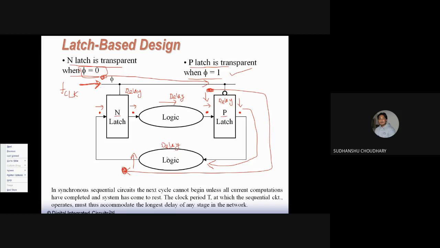This is one of the things one has to remember while designing synchronous sequential design: one cycle cannot begin until the previous cycle has completed. Unless the previous cycle has completed, the next cycle cannot begin computation. The previous system has to come to rest, that is N latch and this logic element, before this P latch and this logic become active and start processing the data. So that has to be remembered, right?